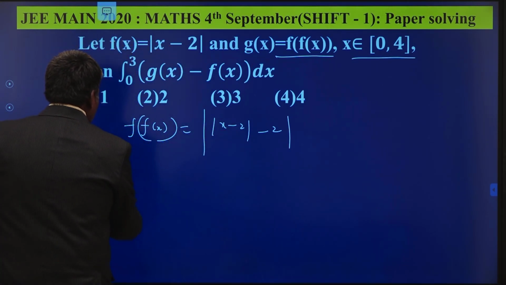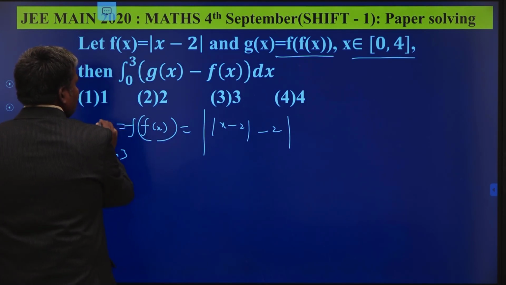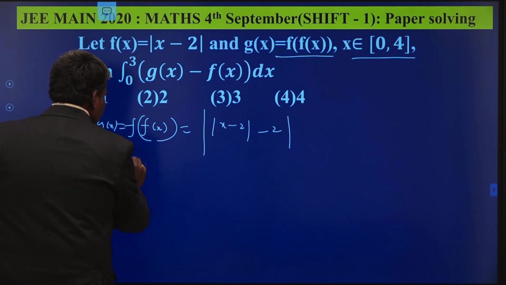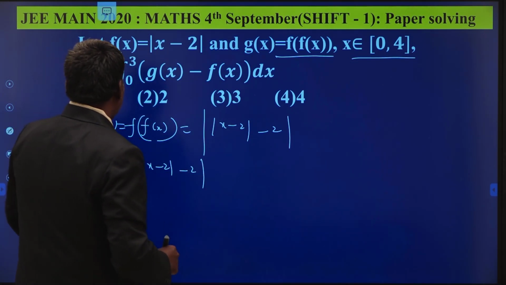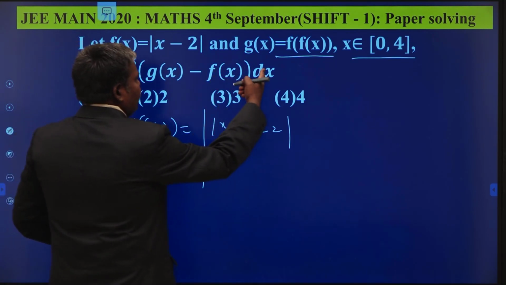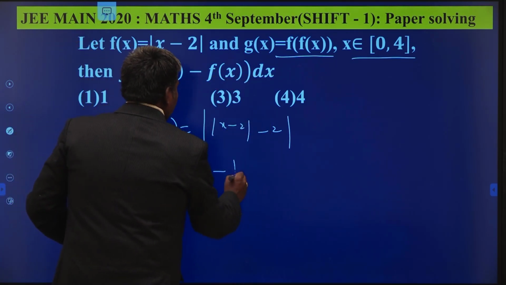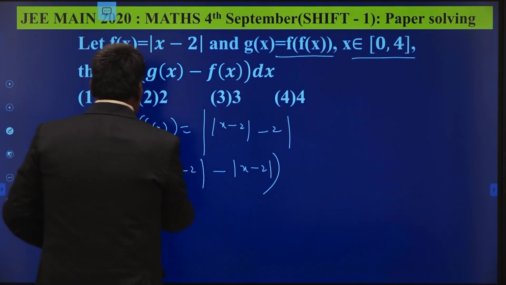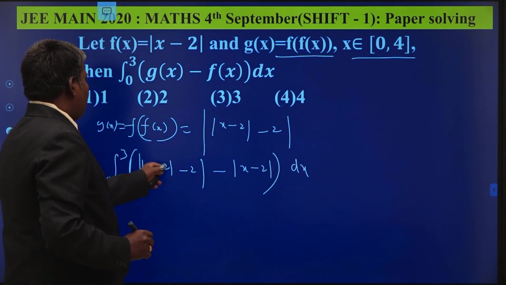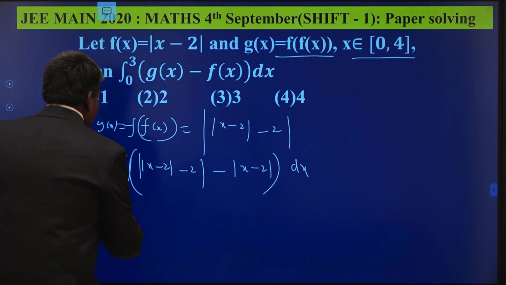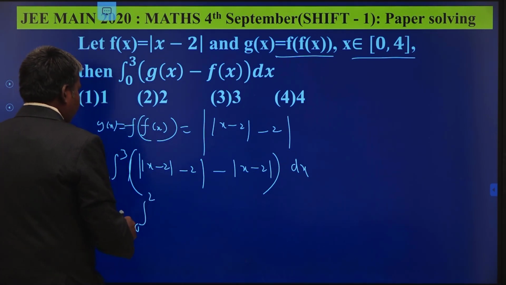Integral 0 to 3, g of x means here modulus of x minus 2 minus 2. Again minus f of x, minus modulus of x minus 2, dx. So modulus of x minus 2 is there, so I have to split up, 0 to 2.